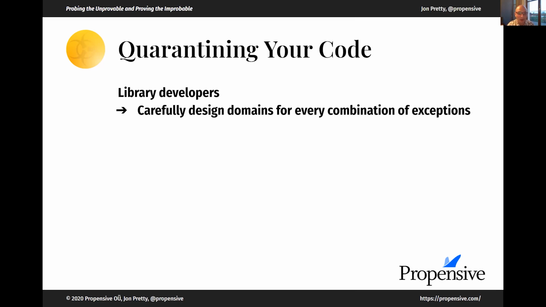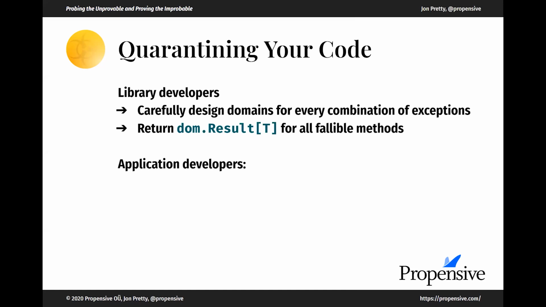So it's a bit more work to specify the return types, but in a library you're more willing to do that because of the reuse you get from it. Carefully design the domain so that every combination of exception you might have returned by a particular method is encoded in a domain and therefore in the result type. You return that result type for any method that might have a failure, so it becomes total.